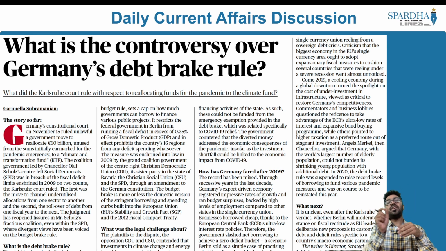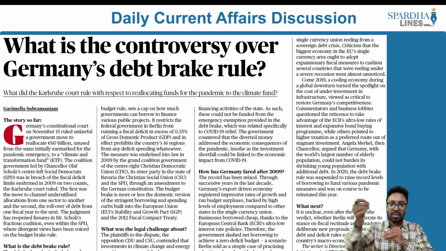How much percentage of money can it take from the market? Is it 1% of the GDP? Is it 2% of the GDP? So what is the restriction that is laid? This restriction that is laid in Germany, that is, they would be able to take so and so percentage of the GDP from the market and not beyond that, is what is called the debt brake rule.